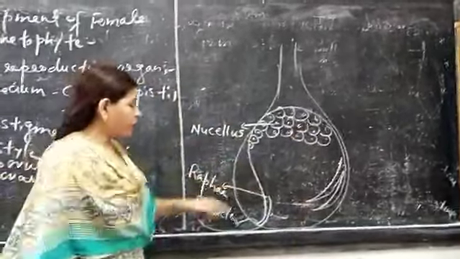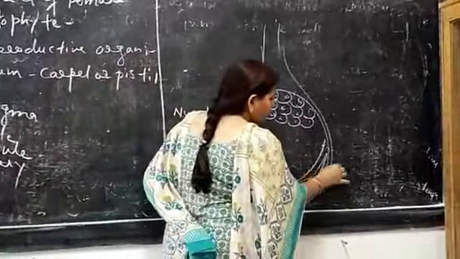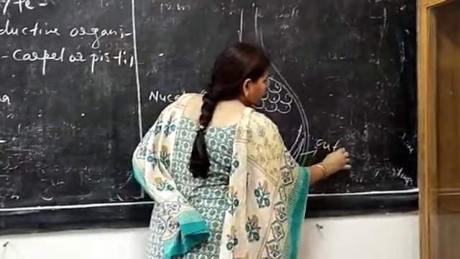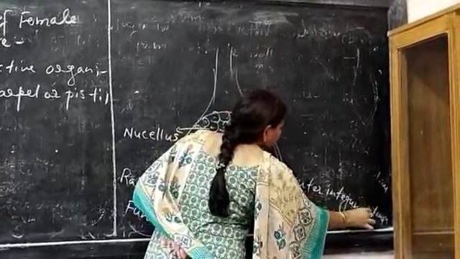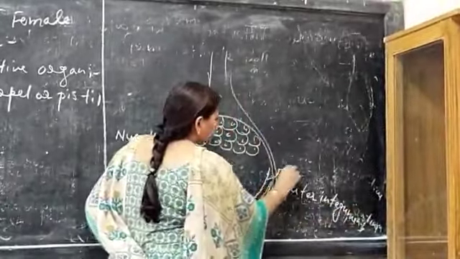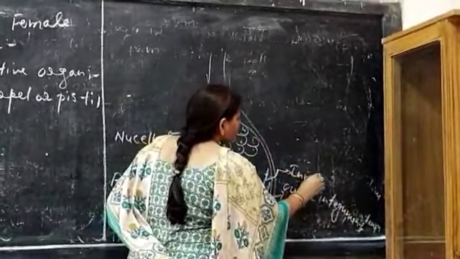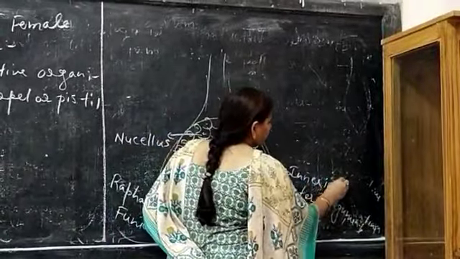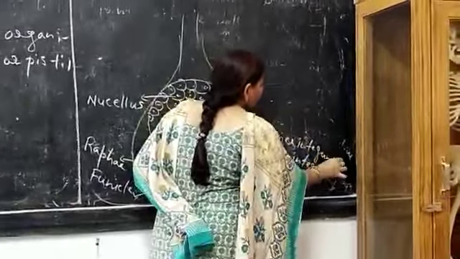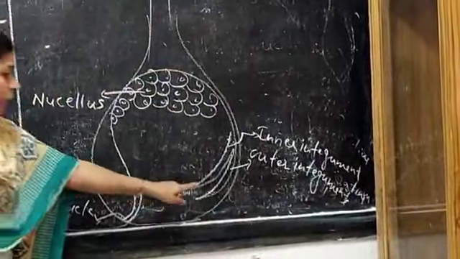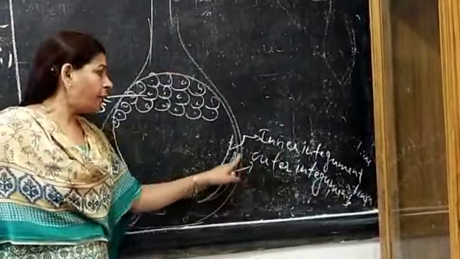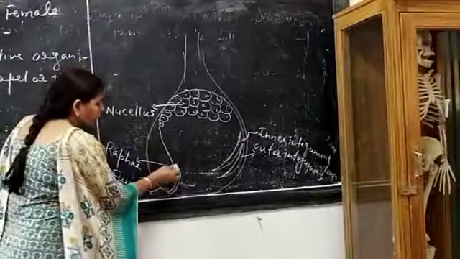And this ovule is covered by two integuments, the outer integument and the inner integument. These are the two coverings of the ovule.